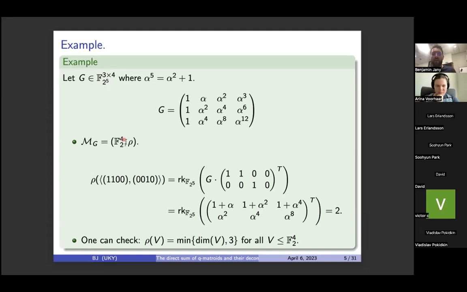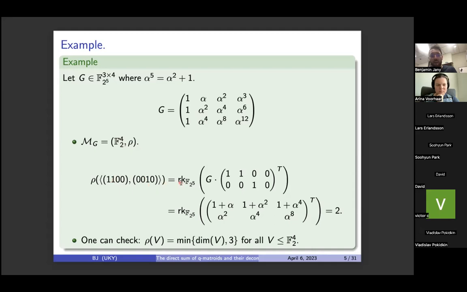So we define our q-matroid to have for ground space F_2^4, because we consider our ground field to be F_2, and this 4 is the length of my matrix.